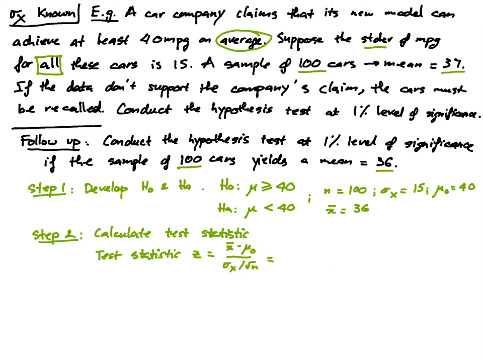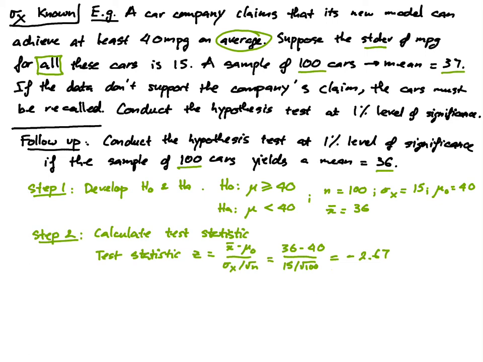In this case, we have 36 minus 40 divided by 15 over the square root of 100. If you do the math here, you should get negative 2.67 for the test statistic.